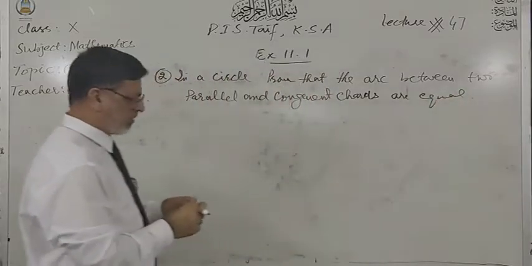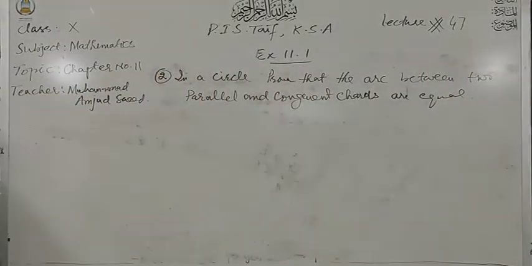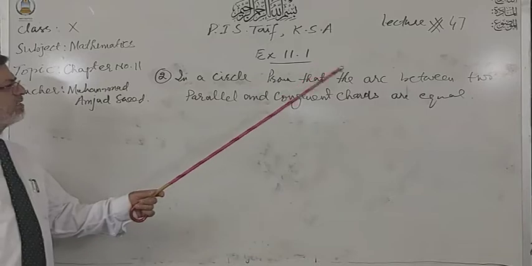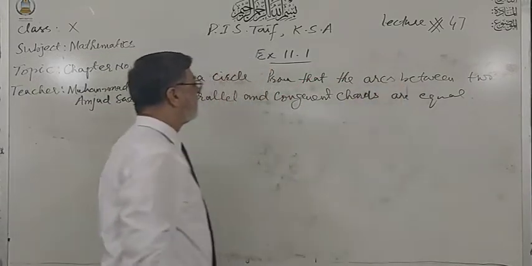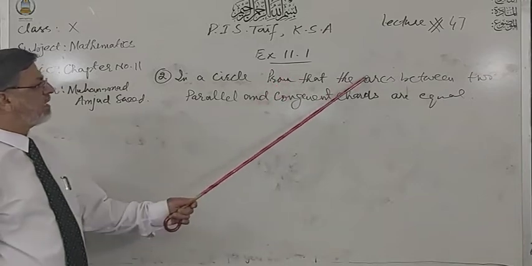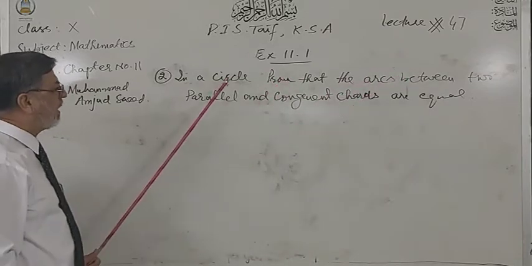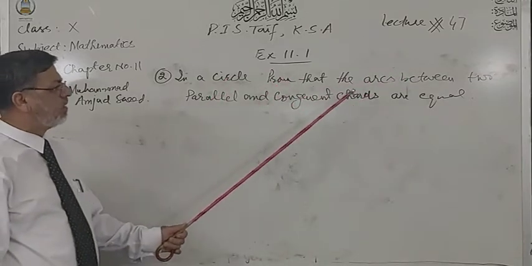What is the nature of the question? You must understand first of all. Remember that here is, in a circle, prove that the arcs between two parallel and congruent chords.